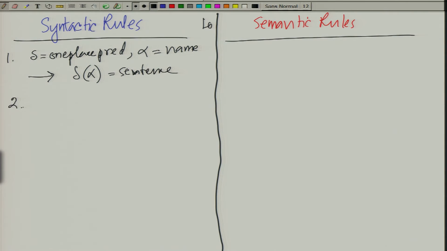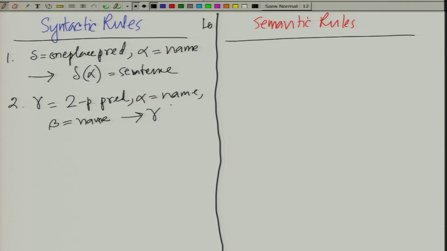Rule 2 will say that if gamma is a two-place predicate, we don't know what is meant by two-place predicate or one-place predicate right now, but we'll know, and if alpha is a name and beta is a name, then gamma alpha beta is a sentence.